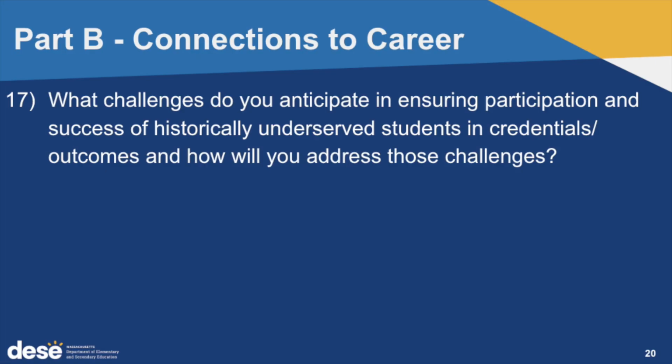We also want you to think about potential challenges you may encounter in ensuring participation and success of historically underserved students related to obtaining credentials and expected outcomes in the program. In question 17, you will describe those challenges and how you plan to address them.